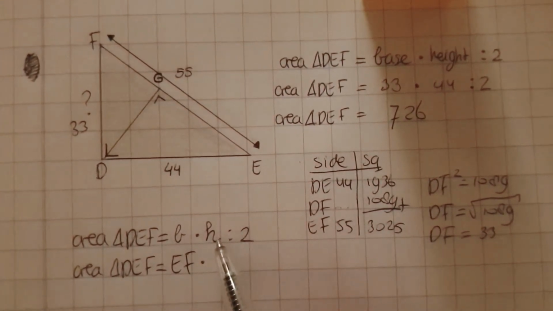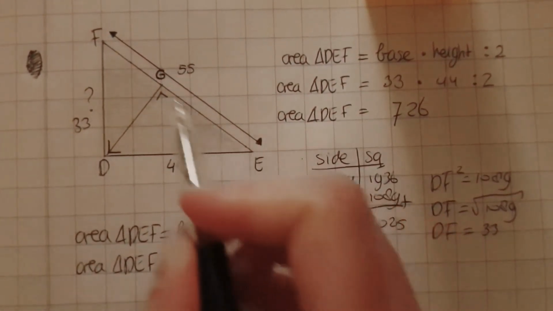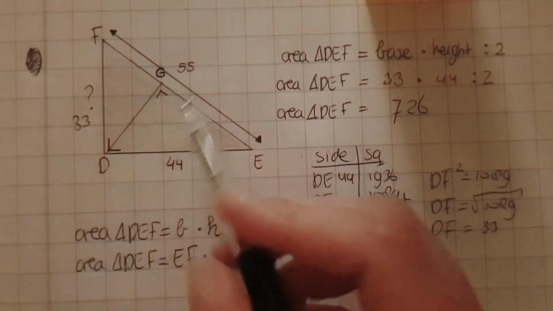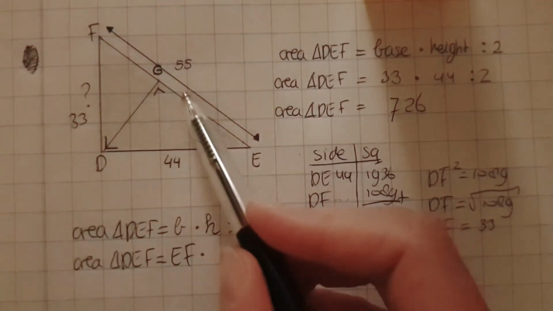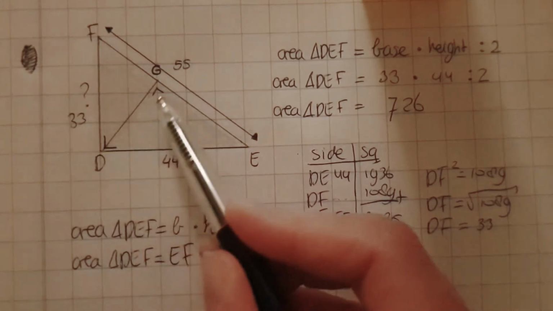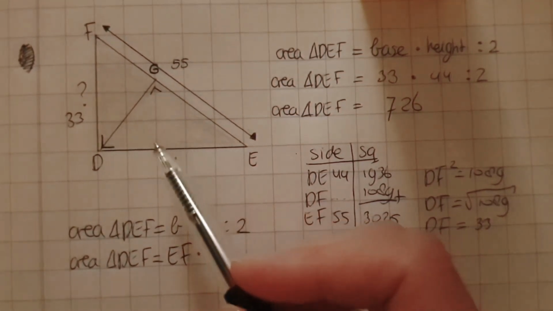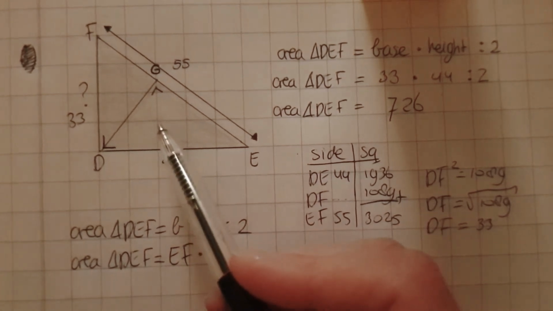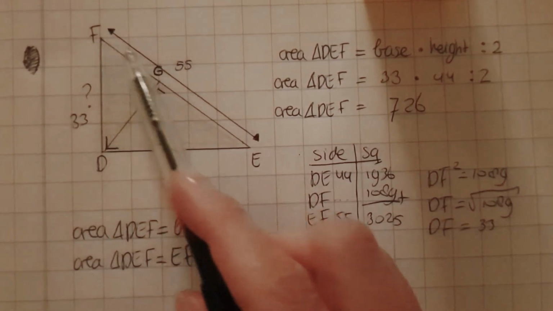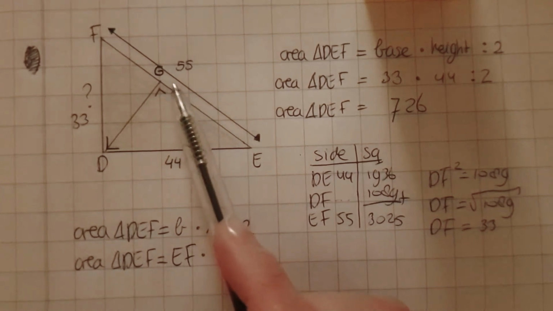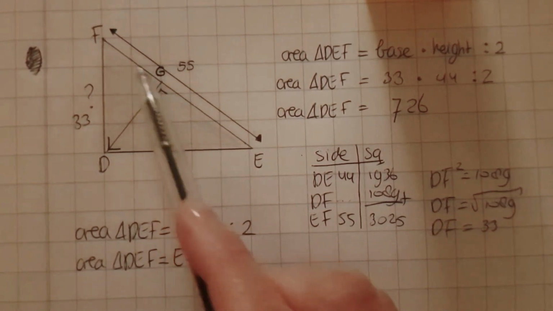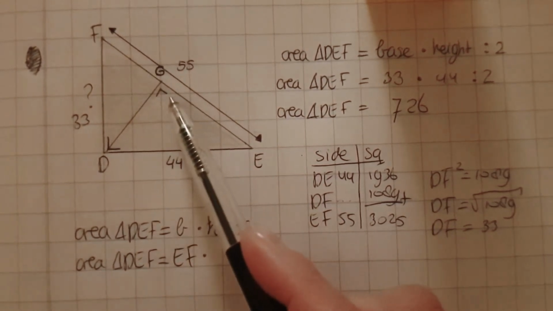Let's have a look at what the corresponding height is. When EF is the base, that's 55, by the way, I can fill it in later, then this is the corresponding height, so it's DG. Do I know what DG is? No, I have no idea. Can I figure it out with Pythagoras theorem? No, because this whole length is 55, and I don't know what this part is of 55 and this part.